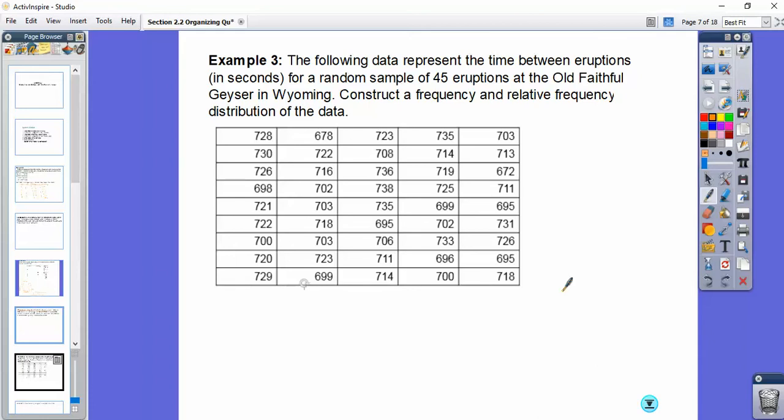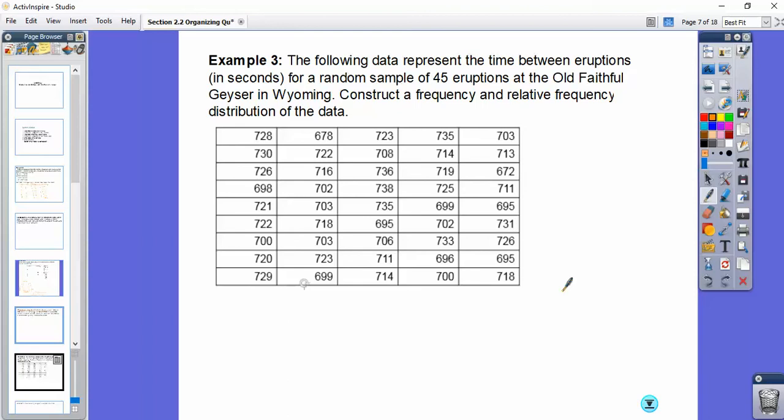The following data represent the time between eruptions in seconds for a random sample of 45 eruptions at Old Faithful. I want a frequency and relative frequency distribution. Okay.